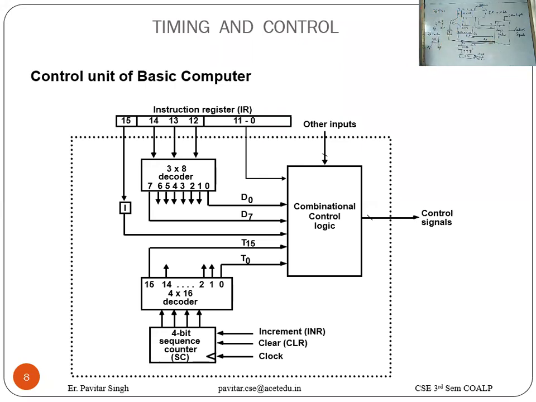This bit will help you to identify the mode. If it's 0, it means you are working in direct addressing mode. If its value is equal to 1, you are working in indirect addressing mode, right? So this is a simple diagram for the hardwired control unit.